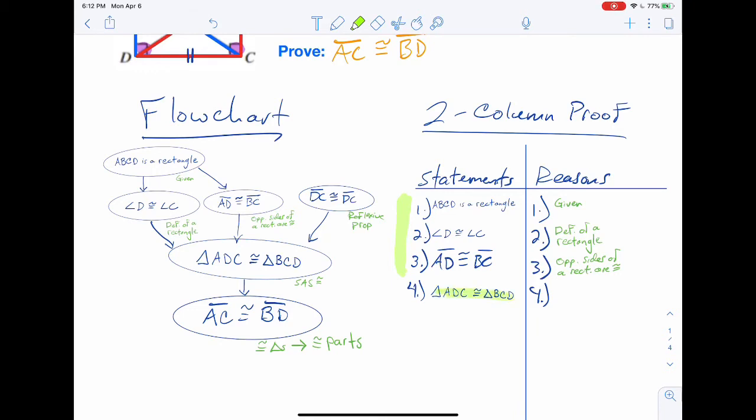All of the ifs. And right now, I only have these two. And so I would have to have that third condition, this one right here, above it in the two-column proof before I can write that triangle congruence statement.